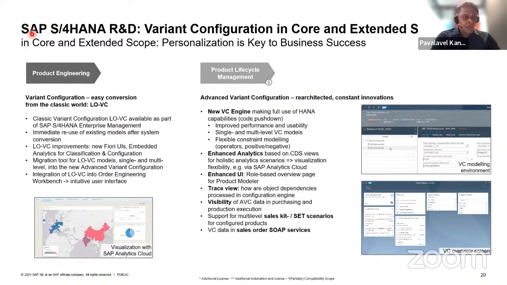So if you see here in the variant configuration, the initial one which is available as a part of product engineering, you basically have the classic variant configuration, which you can immediately start using in the system. The improvements available as a part of this product engineering are a new Fiori app, UIs, embedded analytics for classification and configuration, and a migration tool for the variant configuration models. Single and multi-level migration tools are basically available here, right?